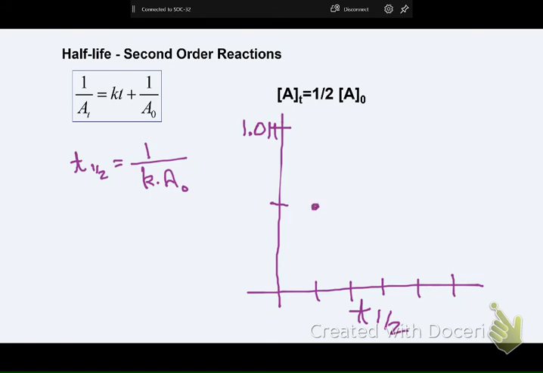So I got a point there, and I got a point there. That part of it looks exactly like first order. But this is where it changes. If this was my A0 for the first half-life, but now this is A0 for the second half-life.